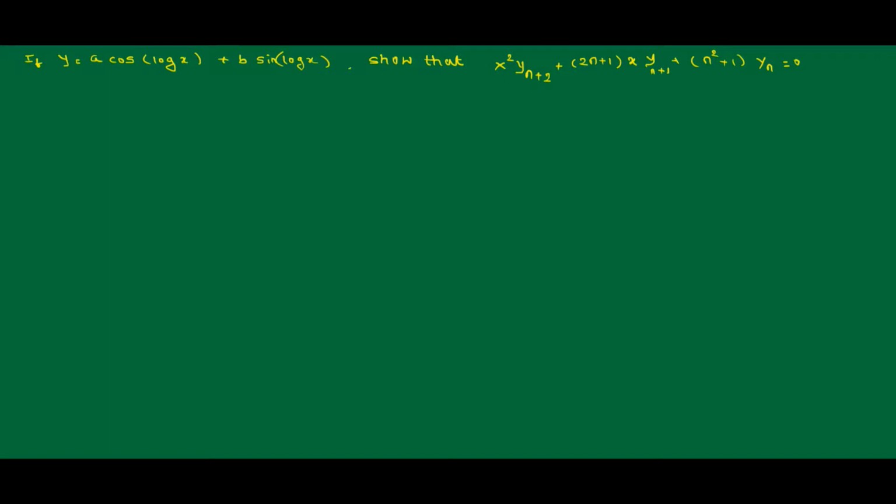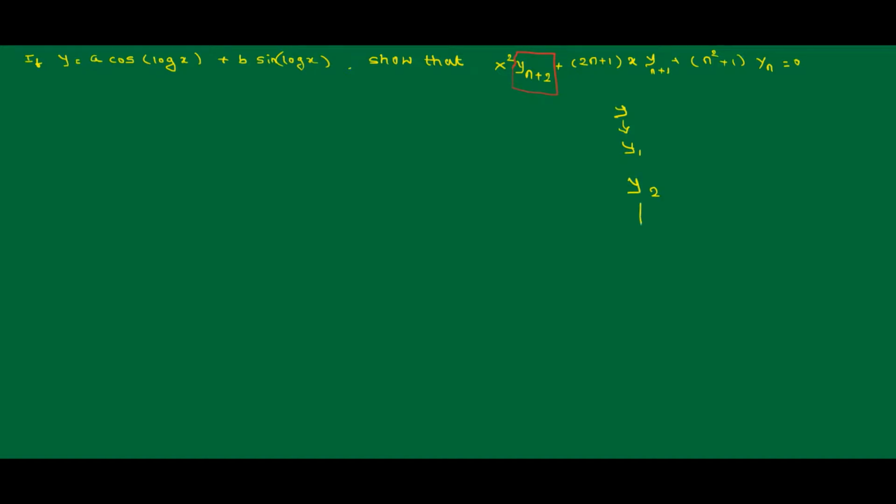So to prove this, let us see here. Here the highest term is yn plus 2. So first given is y value. If you differentiate one time, you will get y1. If you differentiate again, you will get y2.